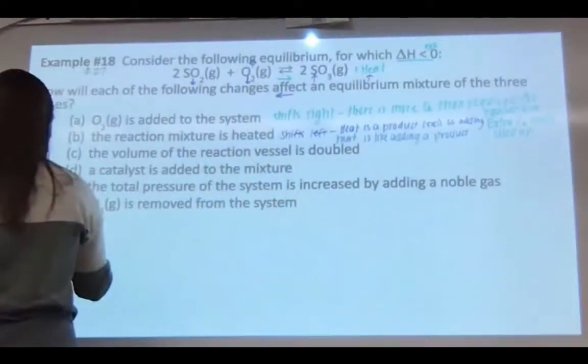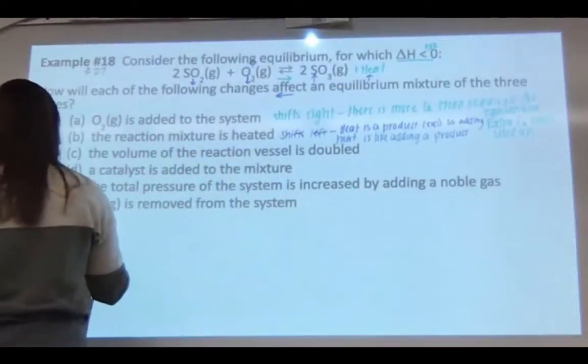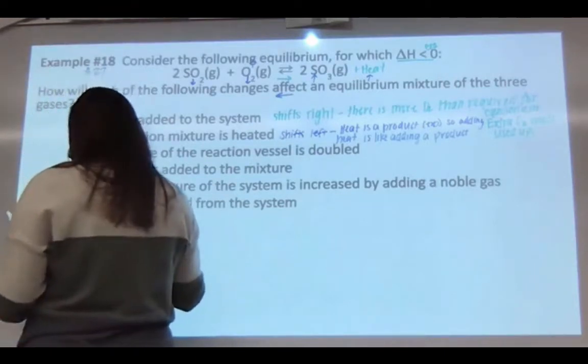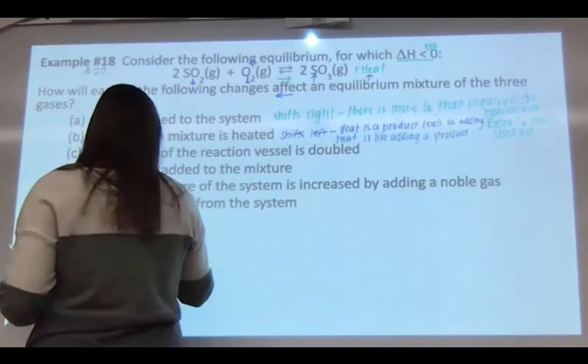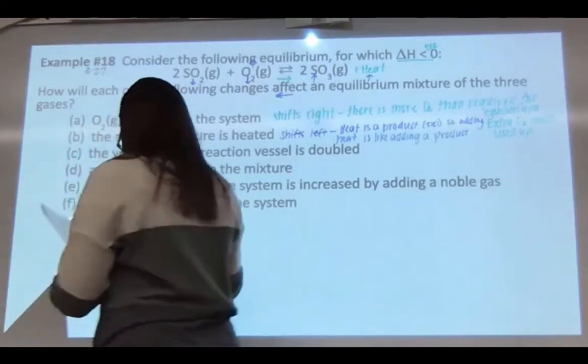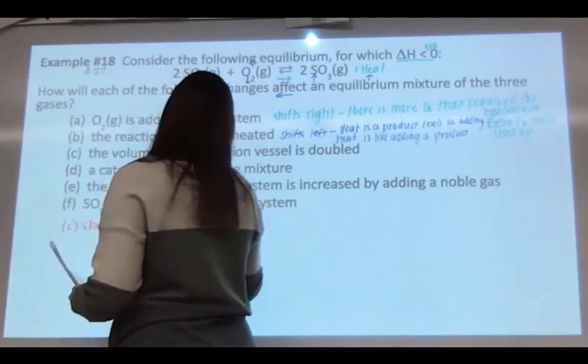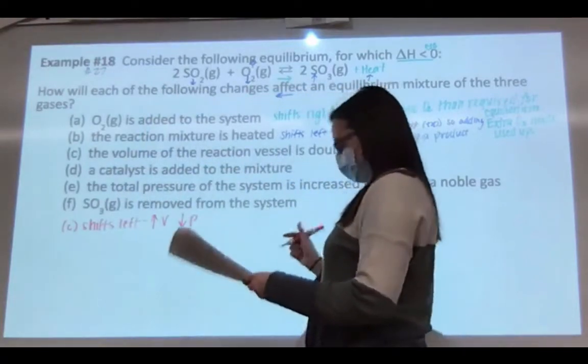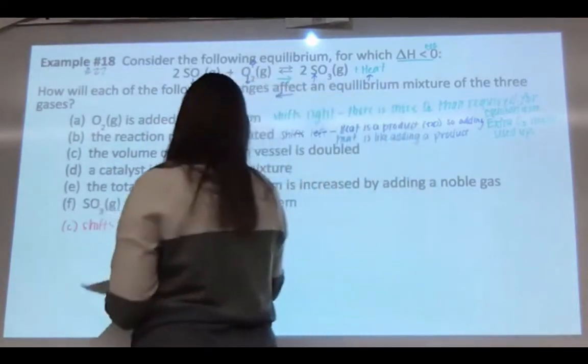I'll start answering part C down here. So we're going to say shifts left. So I'm going to say increasing volume decreases pressure. That's what we just said. Increasing the volume decreases the pressure.